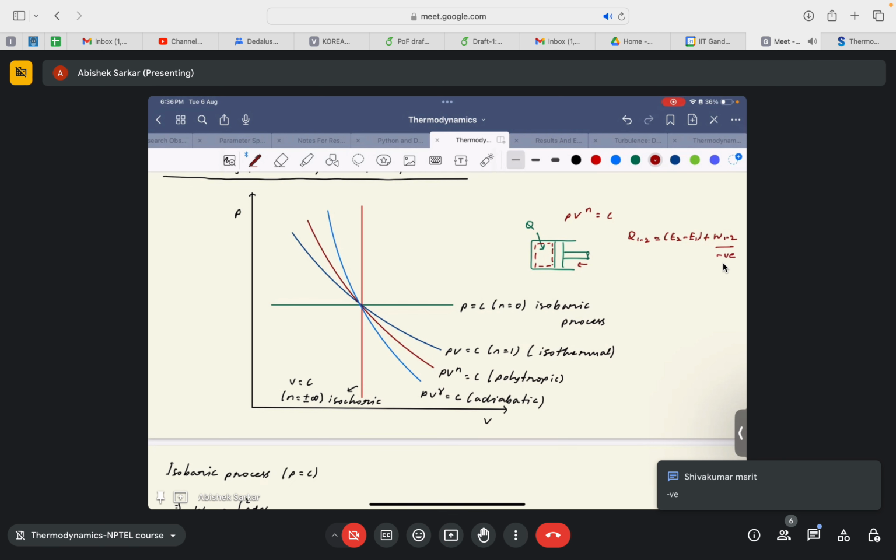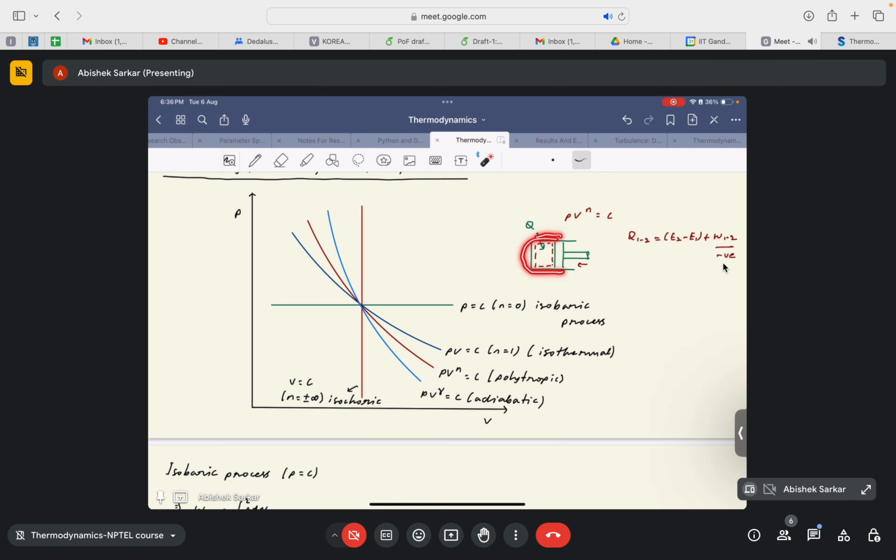Then if we are insulating the walls of this cylinder, and even the piston surface is insulated, then the entire process is going under an adiabatic state, right? There is no heat interaction, so Q would be equal to 0.